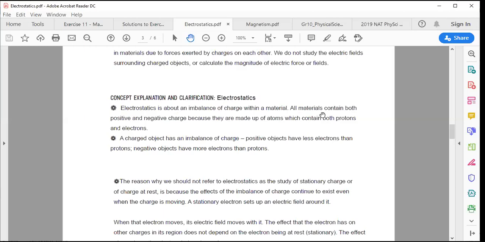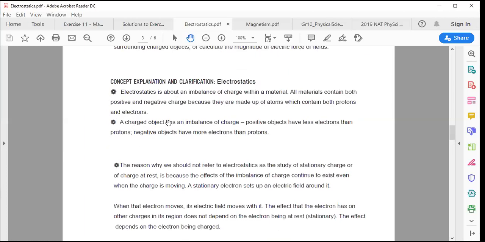All materials contain both positive and negative charge because they are made up of atoms. And these atoms are made up of protons, which are positively charged, and electrons, which are negatively charged. A charged object has an imbalance of charge. Positive objects have fewer electrons than protons. Negative objects have more electrons than protons.